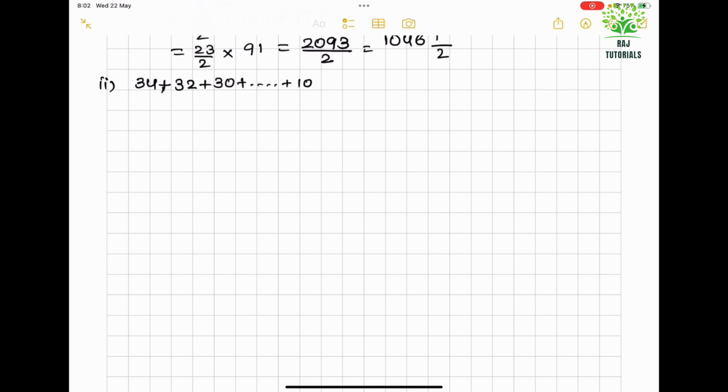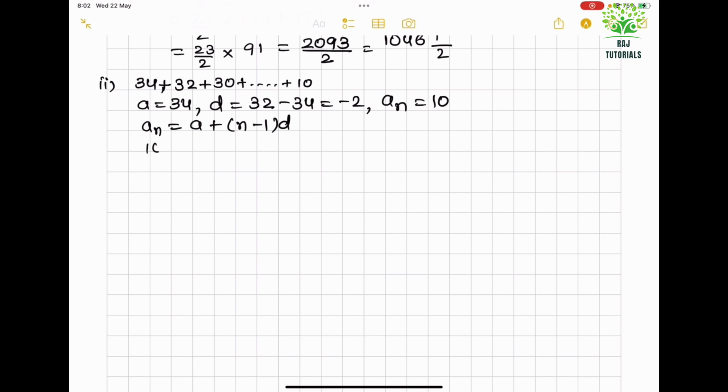Next is 34 plus 32 plus 30 plus dot dot dot till 10. So a equal to 34, d equal to 32 minus 34, that is minus 2, an equal to 10. So an equal to a plus (n minus 1) d.